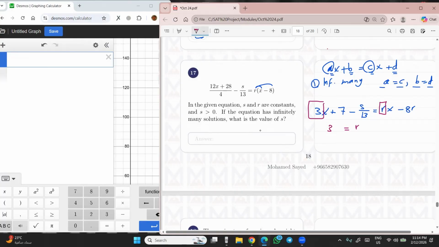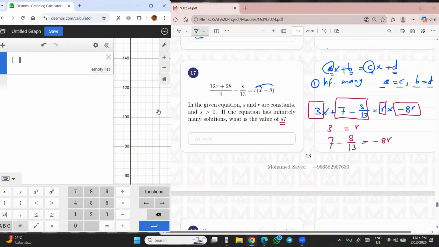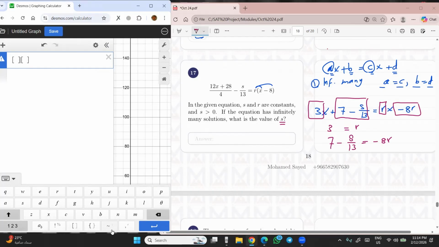Then the numbers that are not coefficients of x, I mean the constants, this is the constant on the left, this is the constant on the right. These are equal also. So 7 minus s over 13 must be equal to negative 8r. And now we need to get the value of s. So we can write this as a system, with square brackets, and write the equations like this: 3, and here write r.